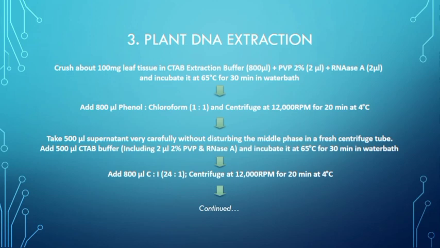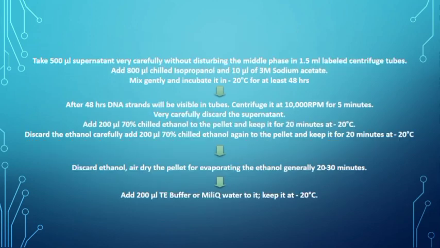After adding the CI and centrifugation, take 500 microliter of supernatant very carefully again, without disturbing the middle phase, into a 1.5 ml labeled centrifuge tube. Add 800 microliter of chilled isopropanol, and then 10 microliter of 3 molar sodium acetate, mix gently, and incubate it at -20°C for at least 24 hours or 48 hours.